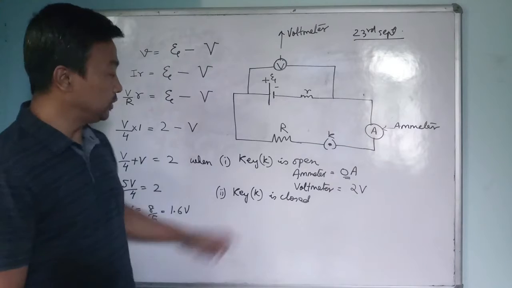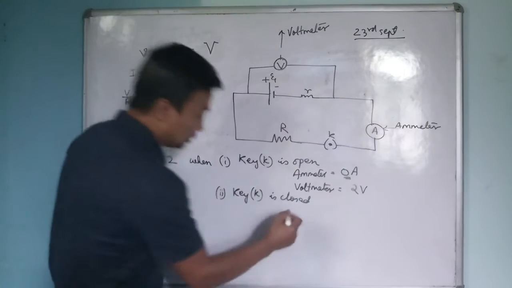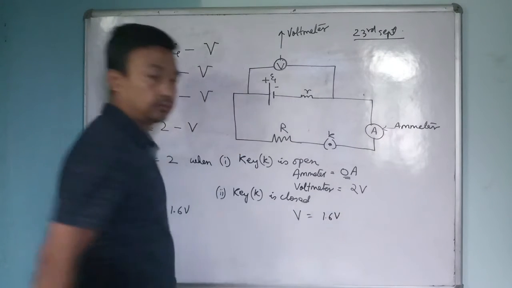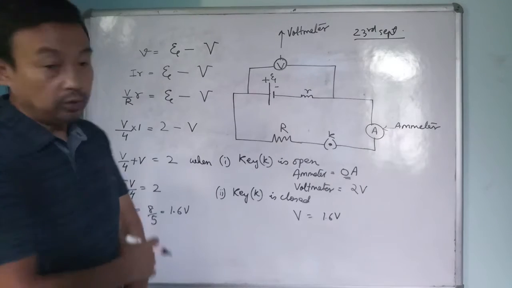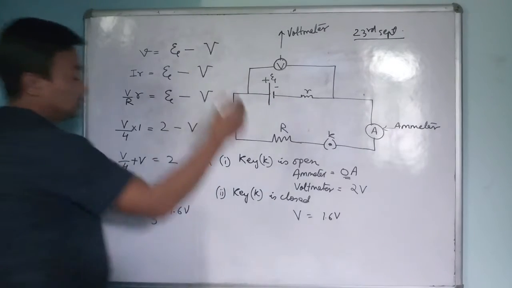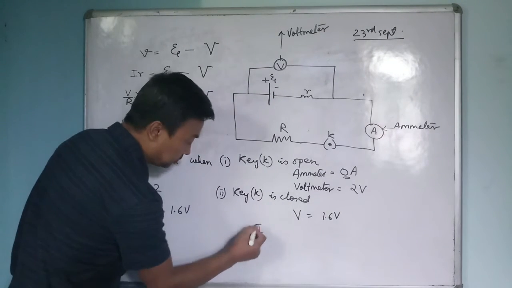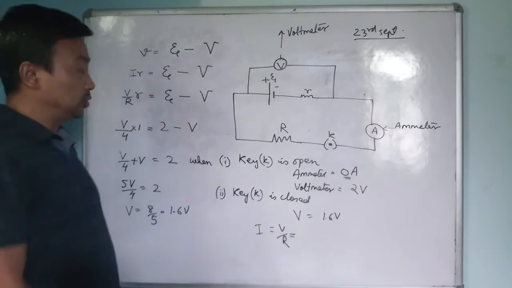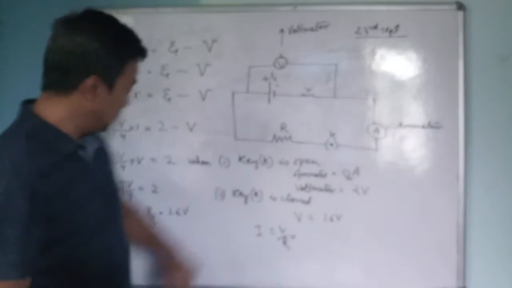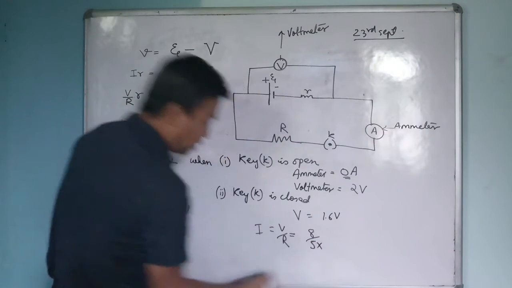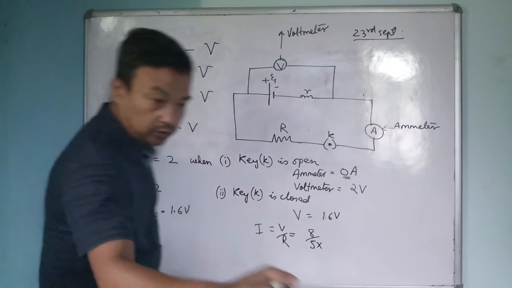So what will be the reading in the voltmeter? In the voltmeter, the reading will be 1.6 volt. Now, what will be the reading of the current? Current we can find easily now. We will take only the external resistance. V, we got just now, 8 by 5, and the external resistance is 4 ohm.